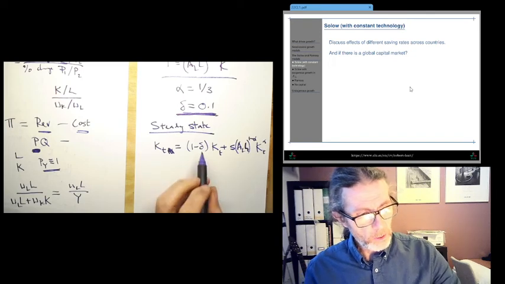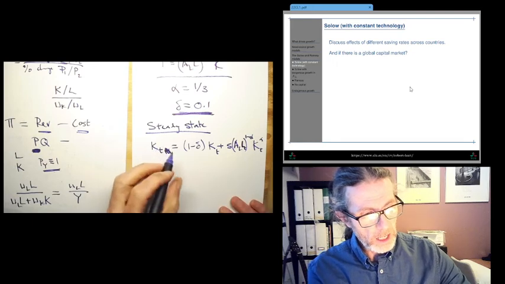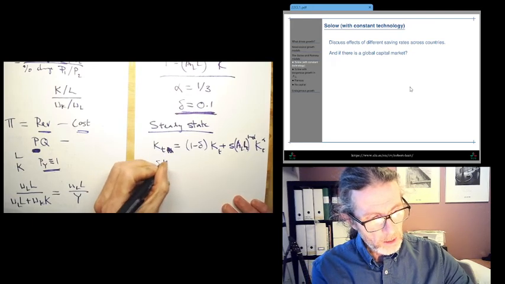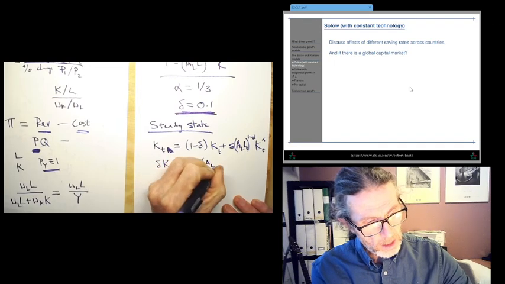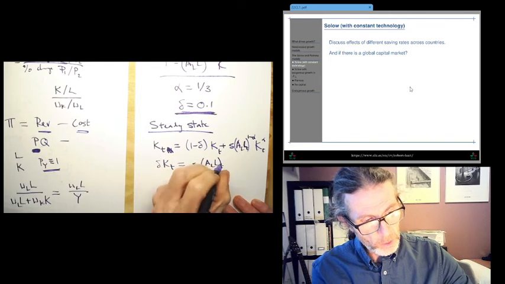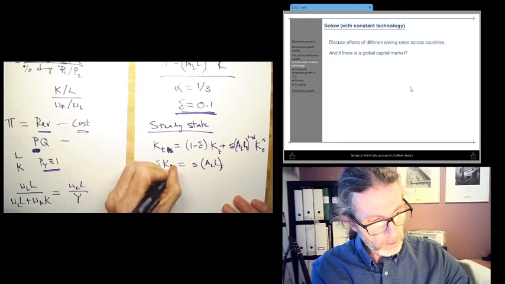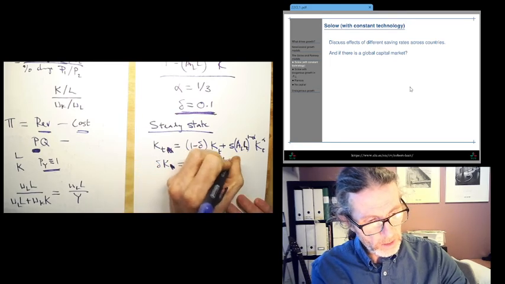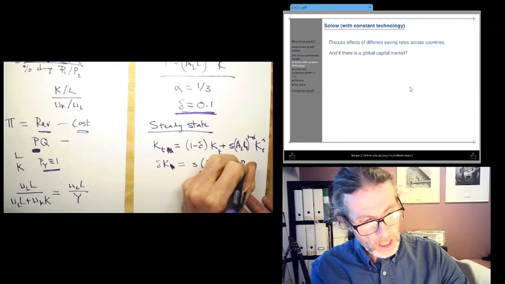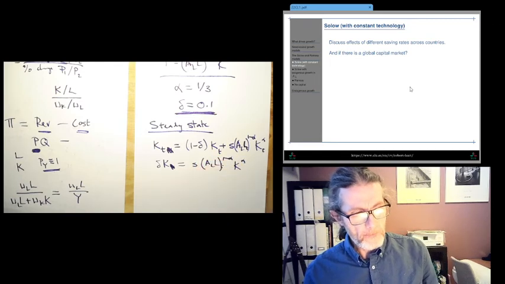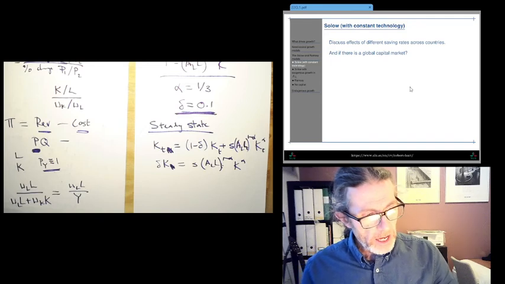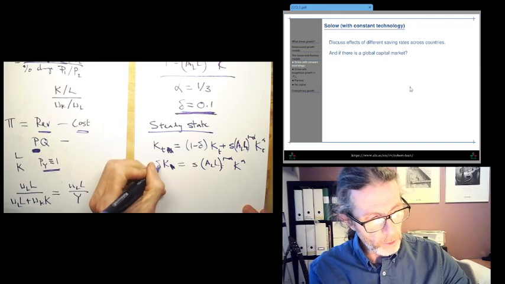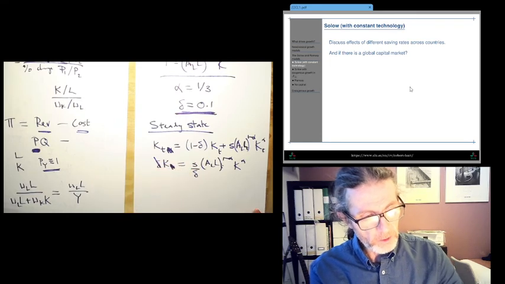So let's see if we can do that. Let's take this over to the other side. Then we get delta K is s A L to the 1 minus alpha K to the alpha. We can drop the t, actually, we're in a steady state. So we want to solve this for K. So let's divide through by delta, and then we have s over delta.